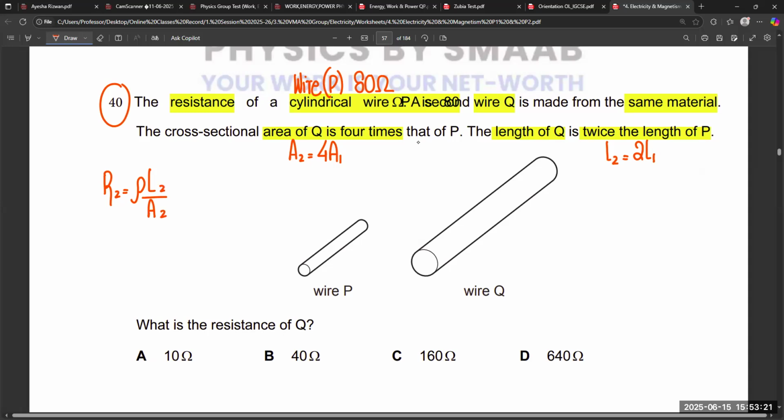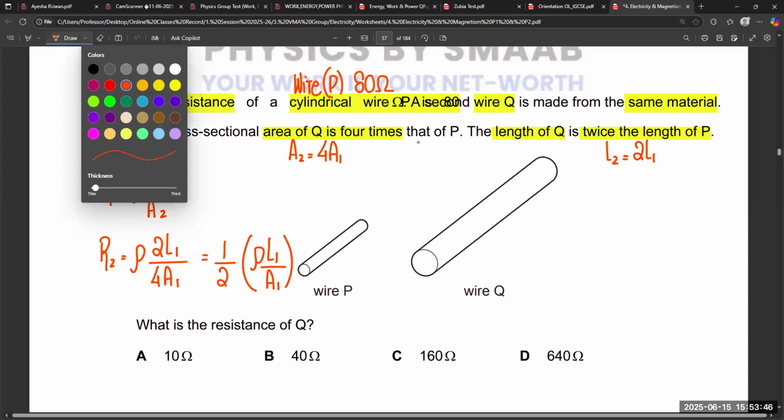And when we substitute the values, L2 is 2 times L1, A2 is 4 times A1. Again, 2 ones are 2, 2 twos are 4. It will be 1 over 2. And again, this value in the bracket is equal to R1.